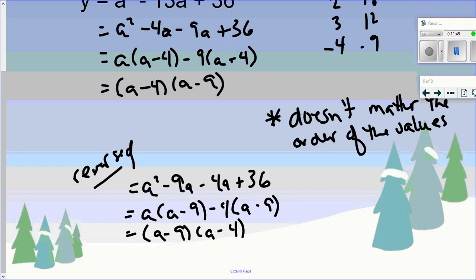Up top it was a minus 4 times a minus 9, and at the bottom it's a minus 9 times a minus 4. So we still get the same answer.